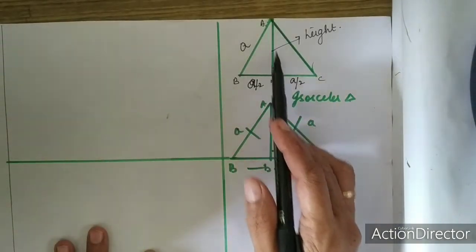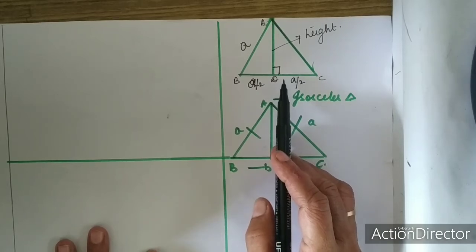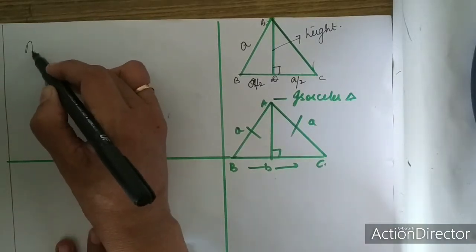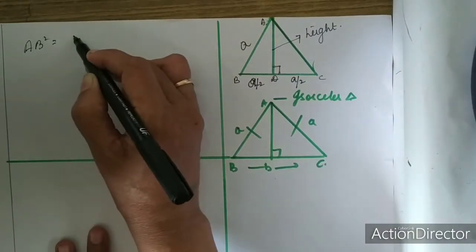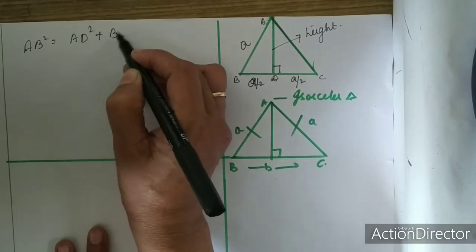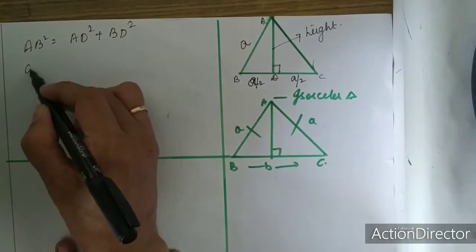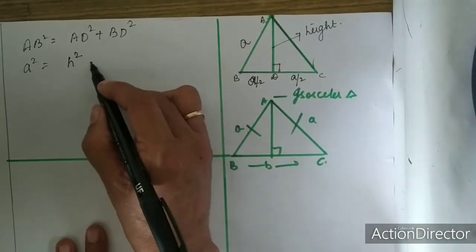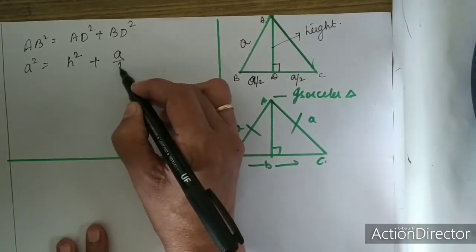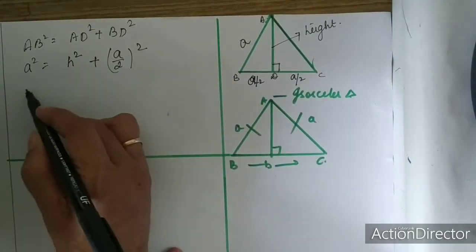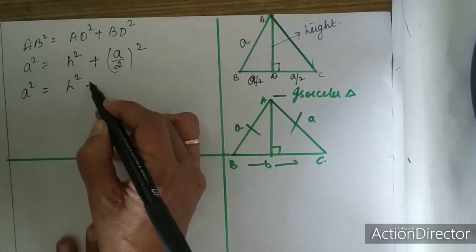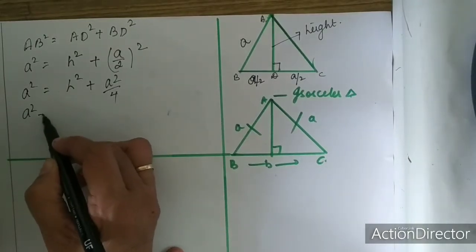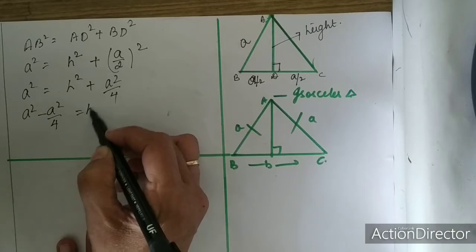Now similarly we can deduce the height of the equilateral triangle very easily by applying Pythagoras theorem. Using Pythagoras theorem we know that AB square is equal to AD square plus BD square. What is AB square? It is nothing but A square. AD is not given, so let us take it as H square, that is height square, plus BD square, which is (A upon 2) whole square. So A square equals H square plus A square upon 4, or taking to the other side, A square minus A square upon 4 equals height square.